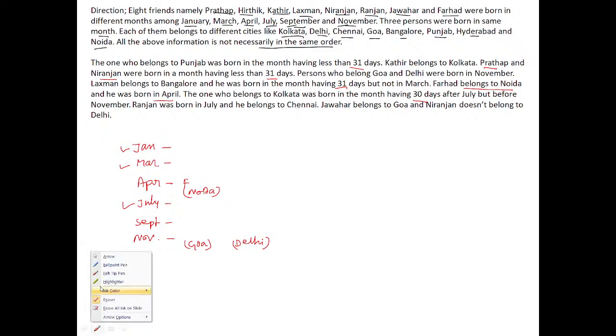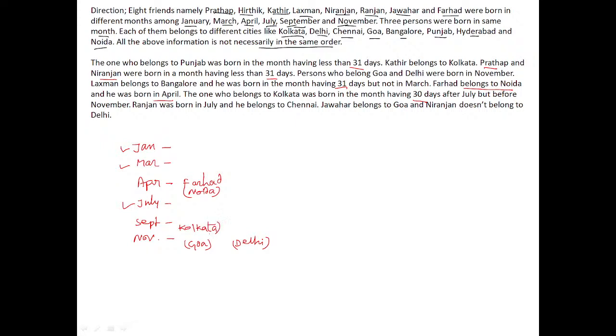Farhad belongs to Noida and he was born in April. The one who belongs to Kolkata was born in the month having 30 days after July but before November. After July but before November, there is only 1 month, that is September. So the one who belongs to Kolkata was born in September.